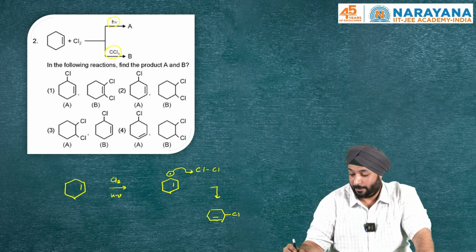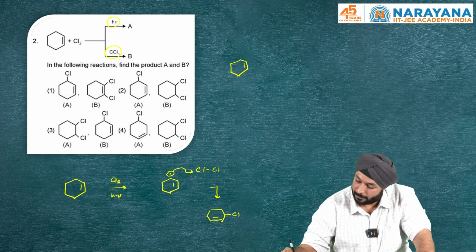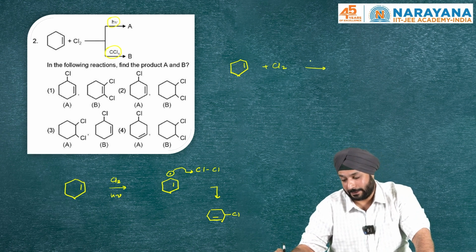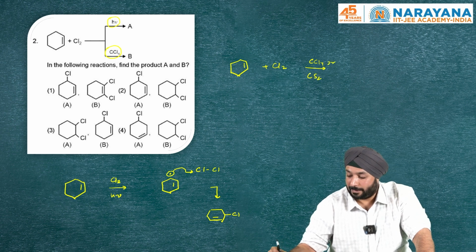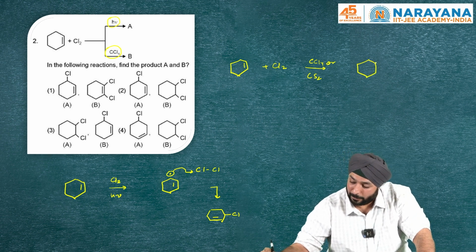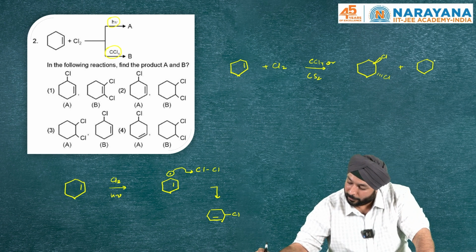And yes, one more thing: when you use chlorine with cyclohexene in the presence of a non-polar organic solvent like CCl4 or CS2, then anti-addition of halogen takes place, whereby one chlorine will be towards you and the other chlorine will be away from you, and vice versa: the upper chlorine will be away from you and the lower chlorine will be towards you.